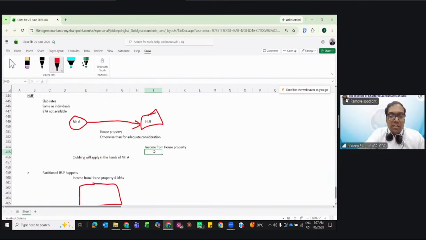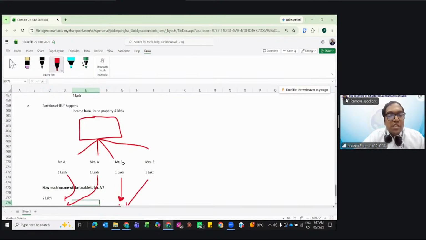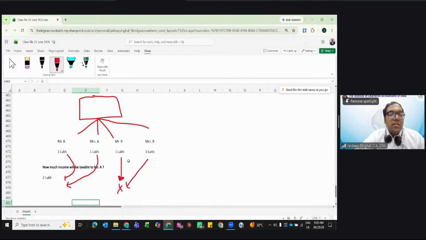Let's suppose house property income was 4 lakhs. Entire clubbing will apply for Mr. A, 4 lakh will be taxable. Now, after the partition, only 2 lakh is taxable because 2 lakh is going to the brother and brother's wife. For Mr. B, the clubbing will not apply because Mr. A gave the property to the HUF, not Mr. B. Got it? So here the clubbing will not apply.